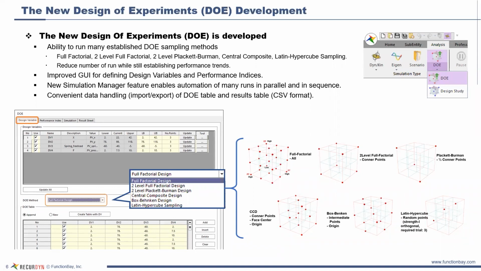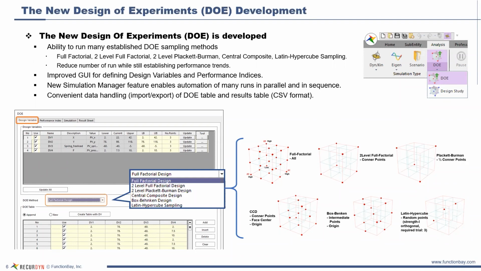Before, the full factorial method was available, but now we have all these other different methods, like the Plackett-Burman and central composite design. These types of designs will help to cover the sampling space without as many trials. So this will reduce the time that it's required to run all the simulations, but you'll still be able to establish trends from the experiment.